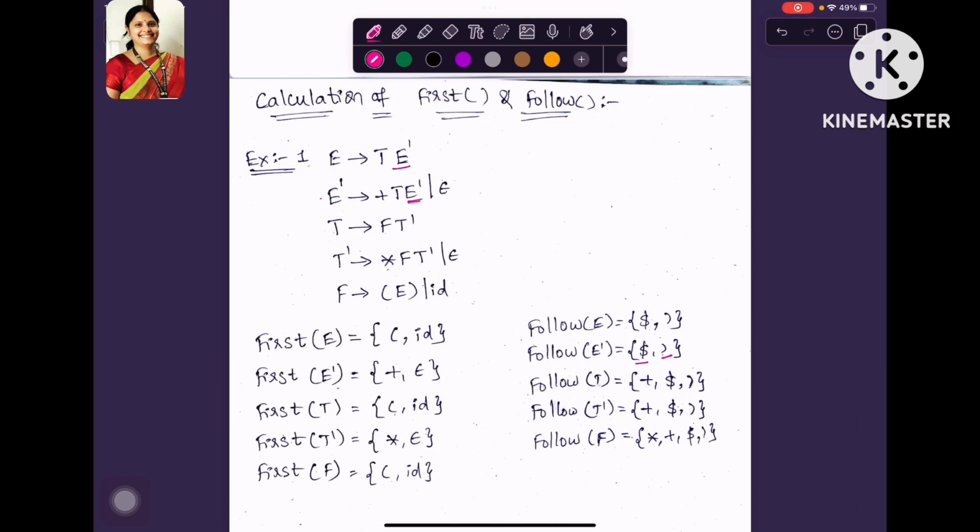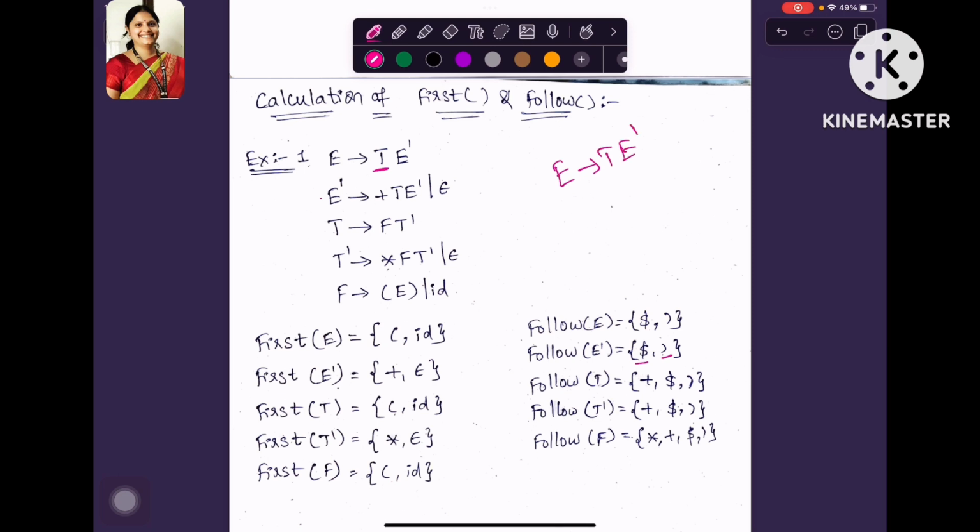So next we will calculate the follow of T. To calculate the follow of T, we have to find out where the T is present on the right hand side. So we can find the T in the right hand side here. This is the production. So we will write E produces T E dash.